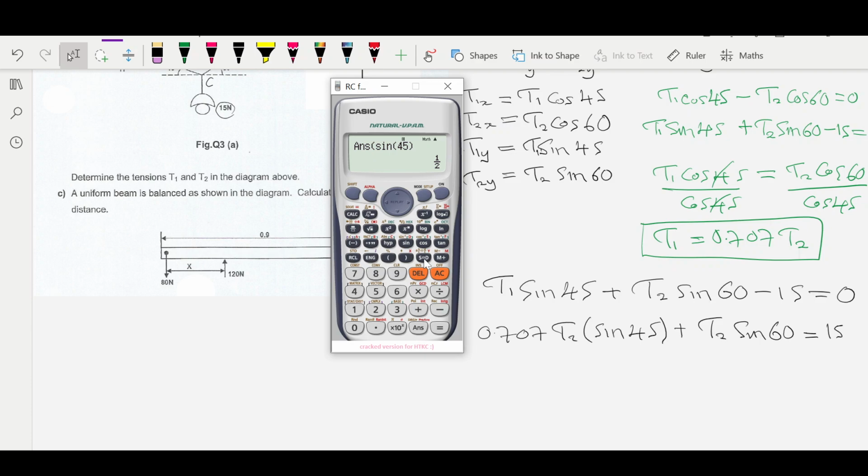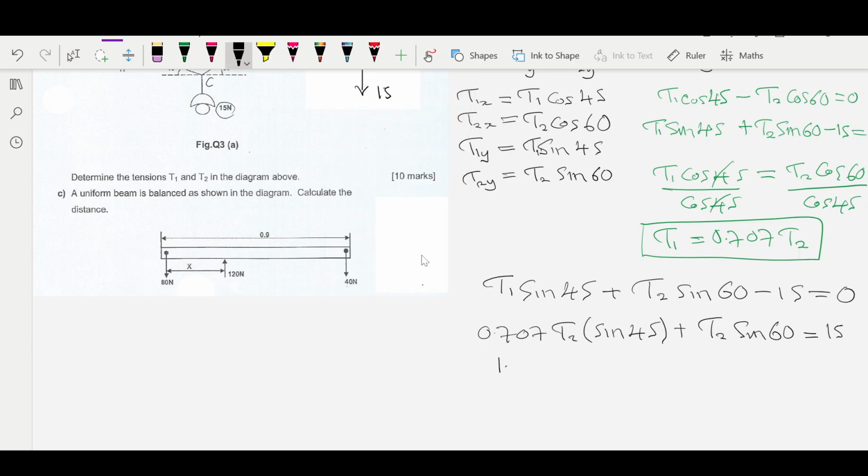Okay, so this will be 0.5, and then plus sine 60, okay, so we have 1.366. So we have 1.366 T2 equals 15.